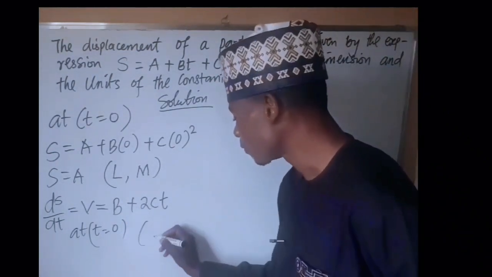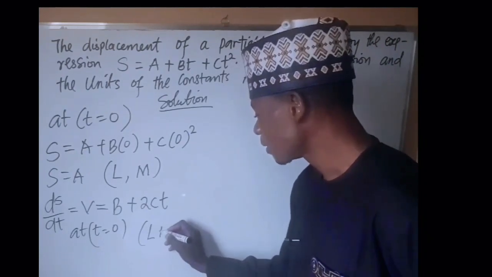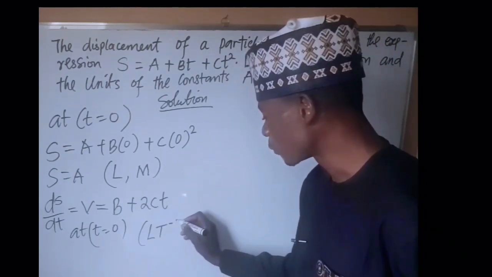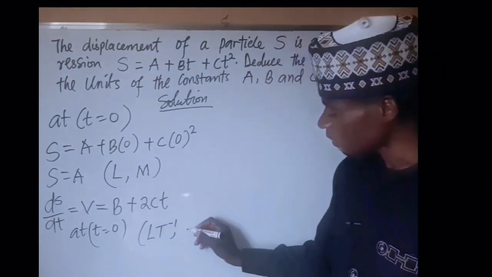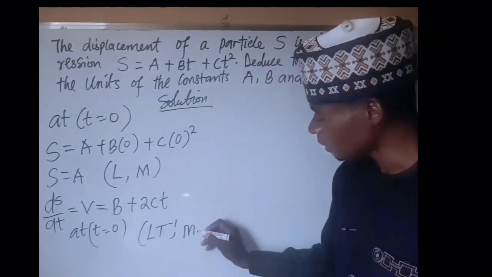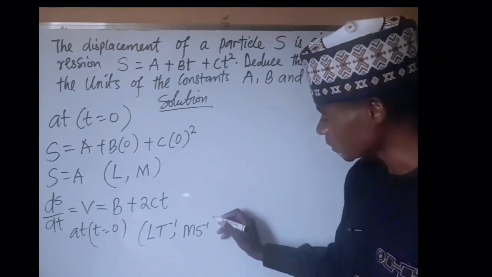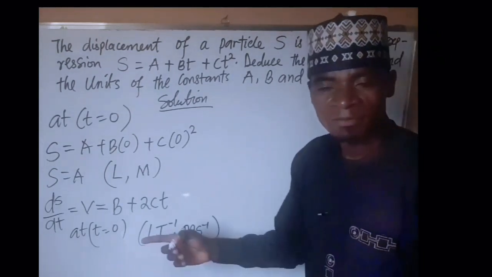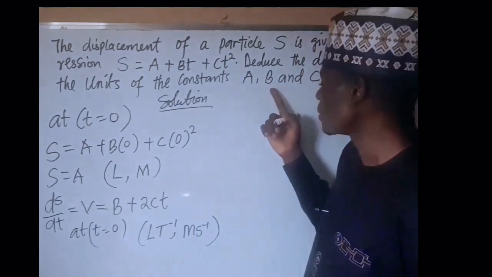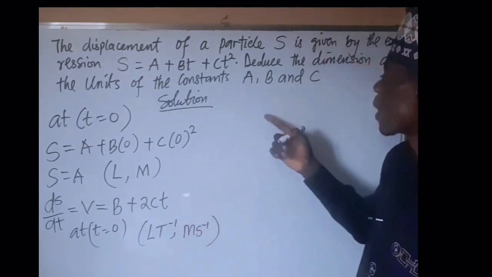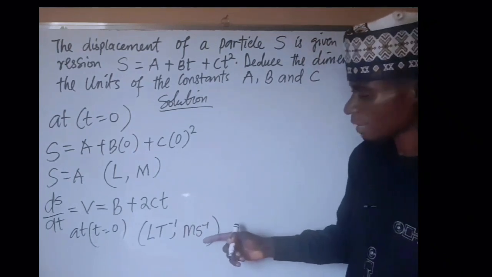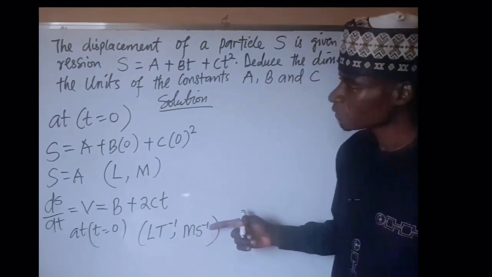The dimension of velocity is LT⁻¹, and the unit of velocity is meter per second. So for the constant B, the dimension is LT⁻¹, while the unit is meter per second, and that is it for that.